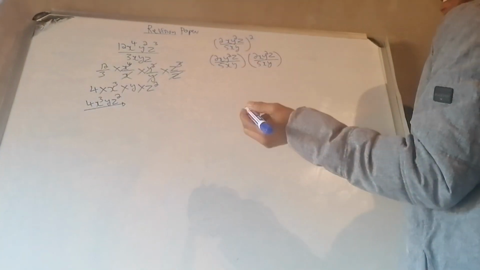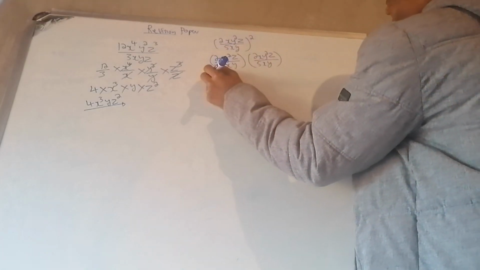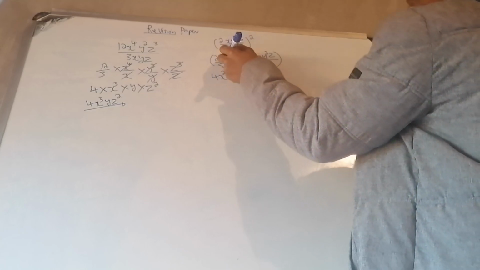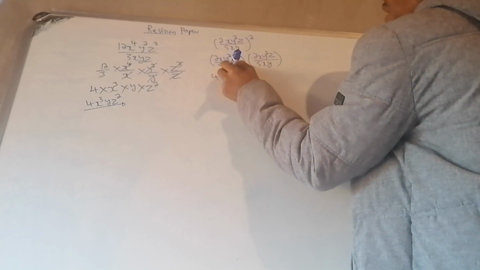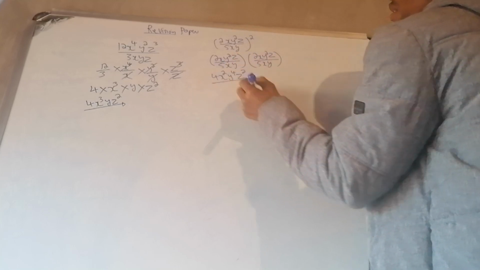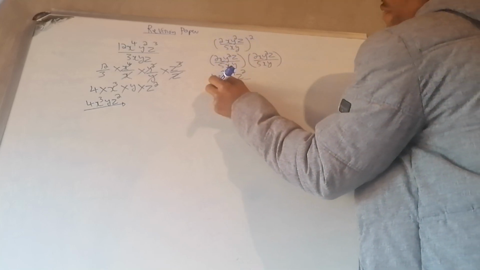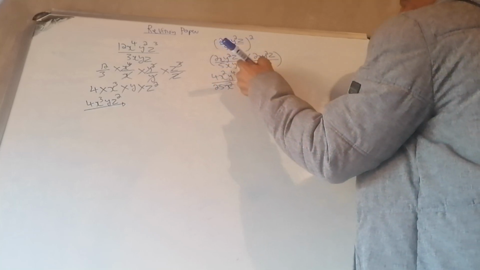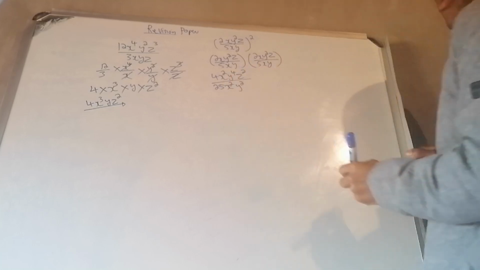Now I multiply: 2 times 2, 4. X times x, x squared. Y squared multiplied by y squared, y4. Z times z, z squared. 5 times 5, 25. X times x, x squared. Y times y, y squared.